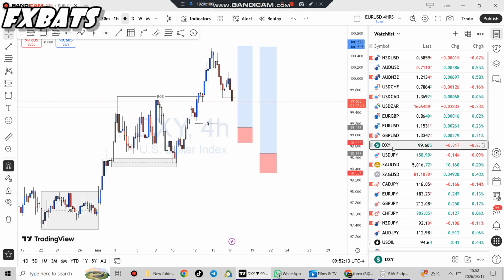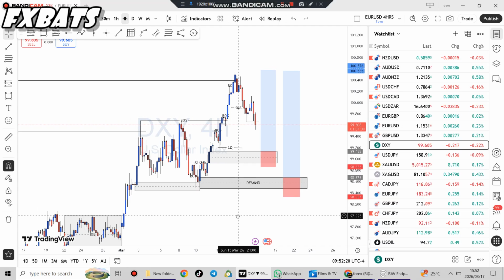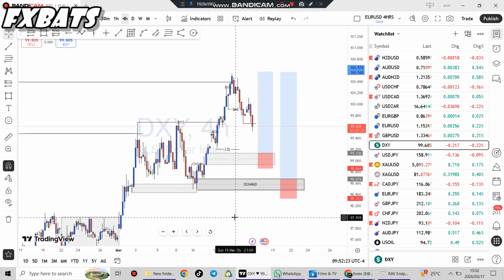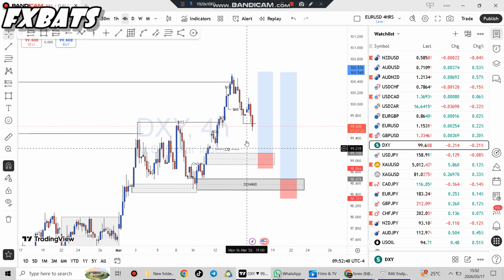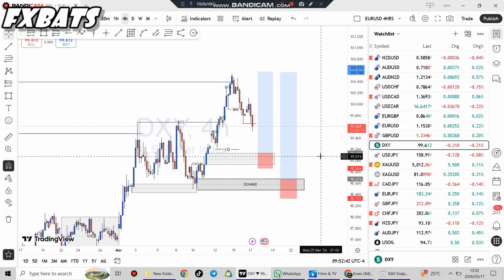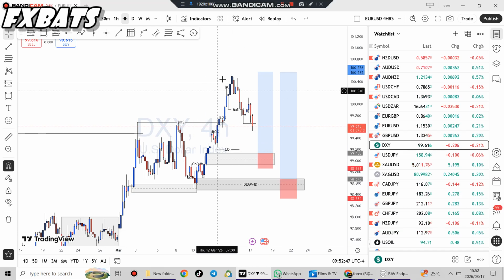Previously, we looked at the dollar index and saw that it is on an upward move, a bullish trend on the higher time frame. As of Monday, Tuesday, we've been expecting a pullback. The reason we're pulling back is to seek internal range liquidity, which was engineered while we were buying.